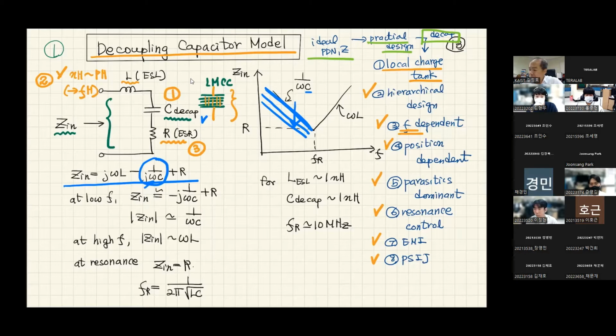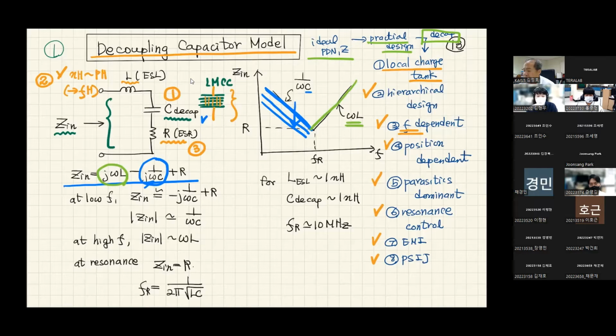If we move on to higher frequencies, j omega L will be dominant. That means at higher frequencies omega L will be the dominant electrical element, and your decoupling capacitor will behave as an inductor.